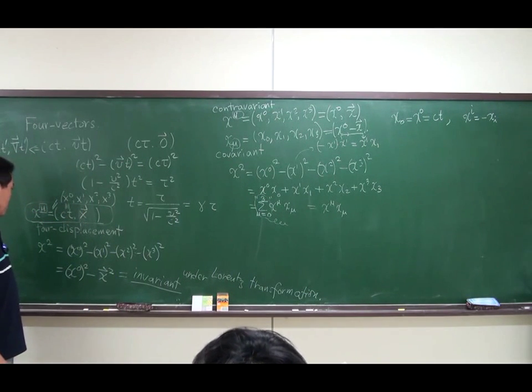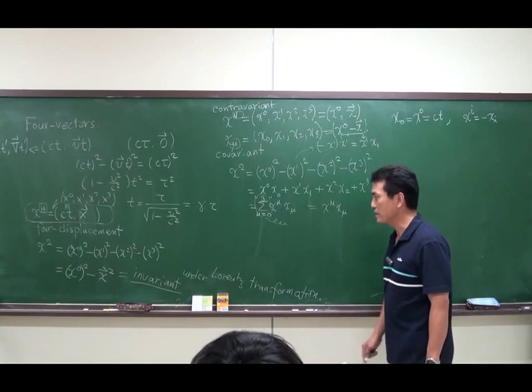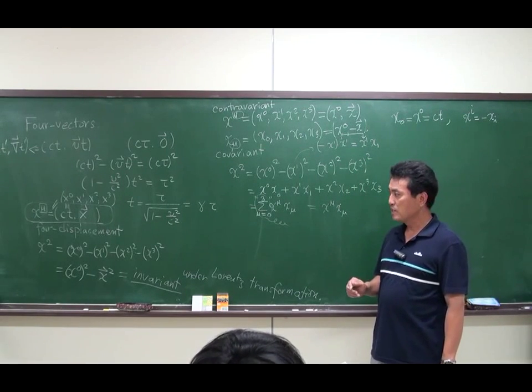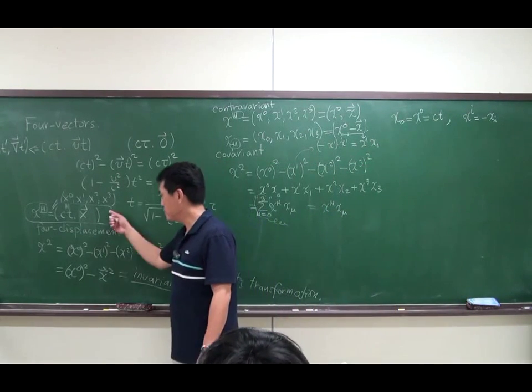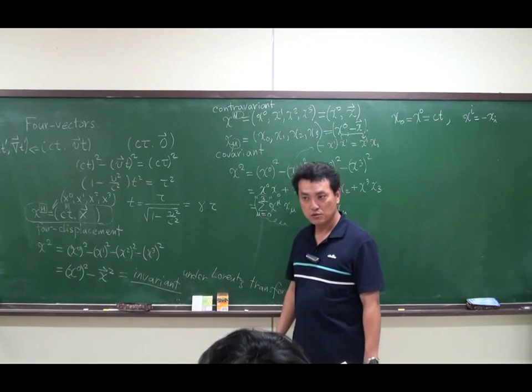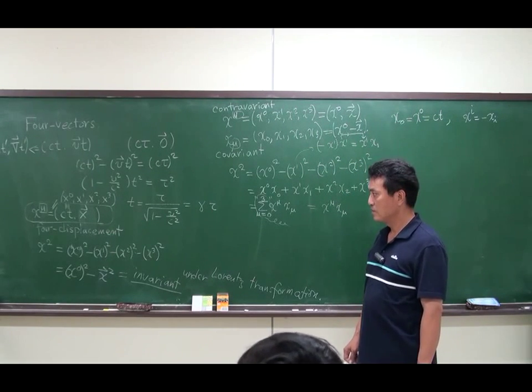So we would like to define a 4 vector like that. 4 displacement is a 4 vector, and this guy has a special condition that its square is invariant under the Lorentz transformation.